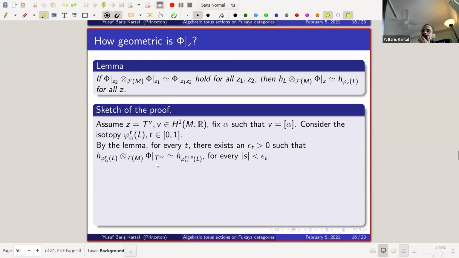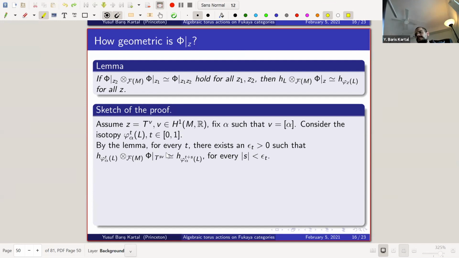Meaning, for any s that's smaller than epsilon t, phi of s acts on the Yoneda module of phi alpha T L in the way you would expect by a symplectomorphism.